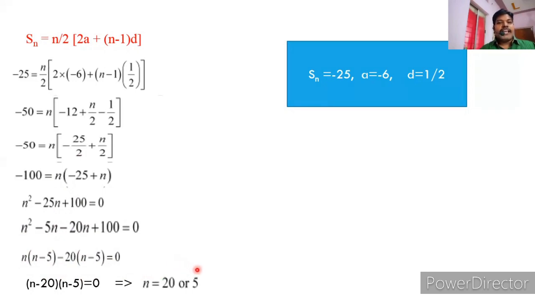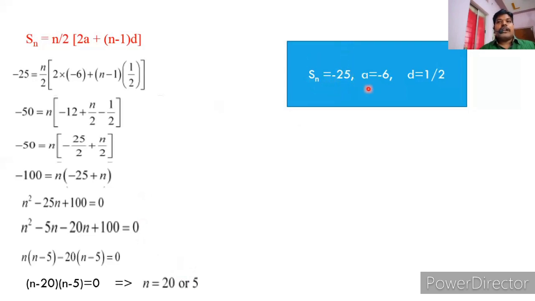So that means by adding the first 5 terms, you will get the sum minus 25, and also after adding 20 terms, you will get once again minus 25. Do you understand, students? They have given the sum of n terms. What is the question?